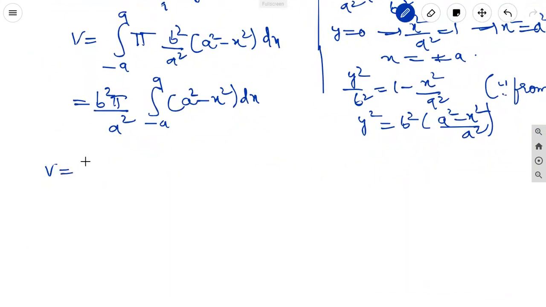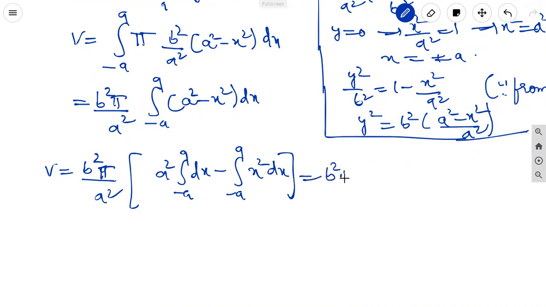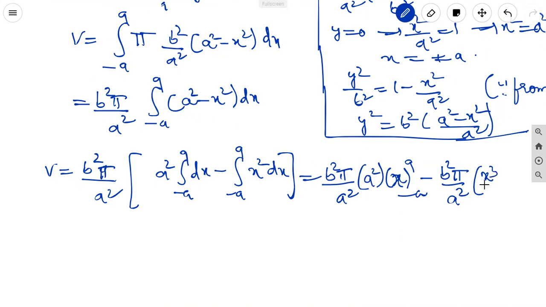That is V equals b squared pi by a squared into a squared integral from minus a to a dx, minus integral from minus a to a x squared dx. It is equal to b squared pi by a squared into a squared into integral dx is x, limits from minus a to a, minus b squared pi by a squared, x squared integration is x cubed by 3, minus a to a limits.